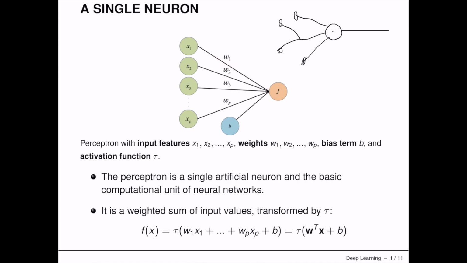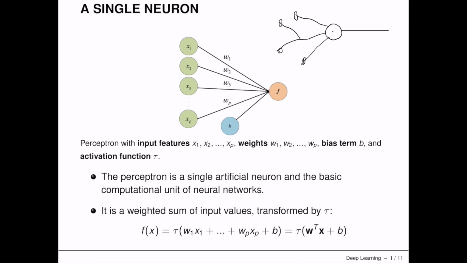Here connection input X1 is weighted with W1, which corresponds to the connection strength and the synapses. Then we have a bias term, which is just a scalar and which can be seen as a base activation of the neuron, which is independent from the input.